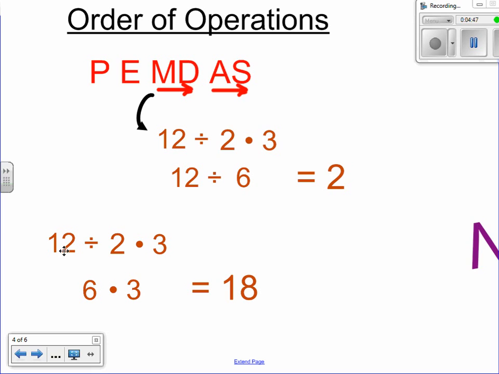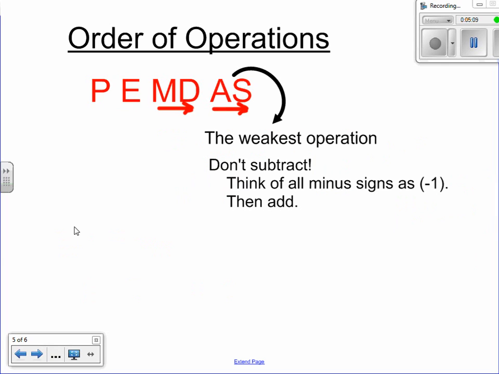If you said 12 divided by 2 is 6, multiply by 3, answer is 18, you are correct. Multiply and divide as they occur, left to right. Division comes first, then multiplication. Ta-da! Not the first one. How are we doing? Let's do another one.